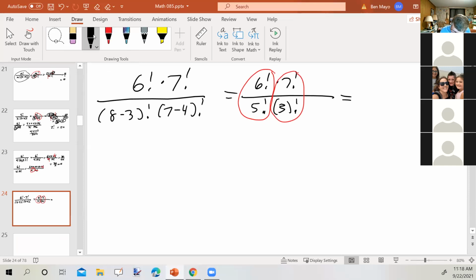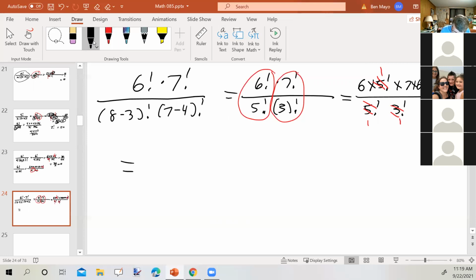So 6 factorial over 5 factorial would be 6 times 5 factorial over 5 factorial, okay? 7 factorial over 3 factorial is going to be 7 times 6 times 5 times 4 times 3 factorial over 3 factorial. So what that allows me to do is get rid of the 5 factorials and the 3 factorials.